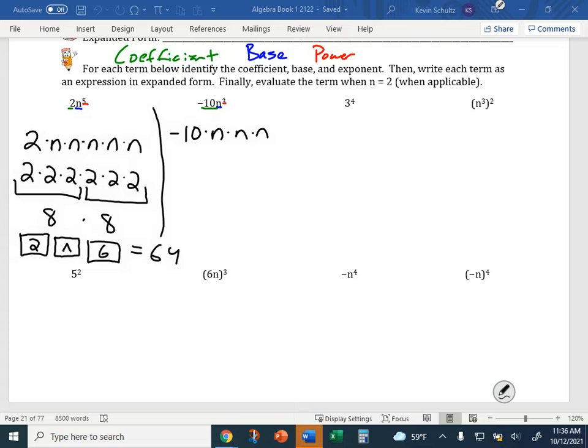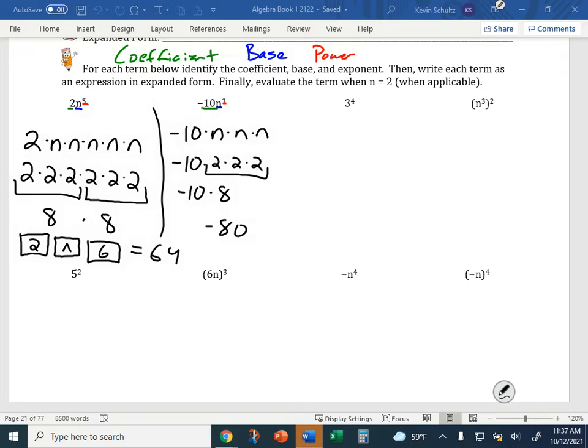You're asked to evaluate this when n is 2. So we're going to replace those n's with a 2. And here's one you can do mentally, in the sense that if you know that 2 times 2 times 2 is 8, it becomes -10 times 8, which is -80.